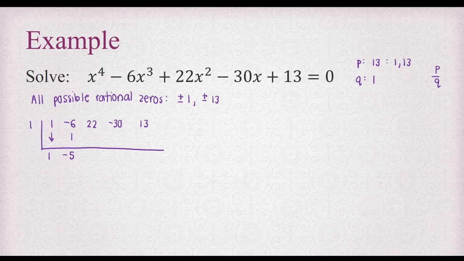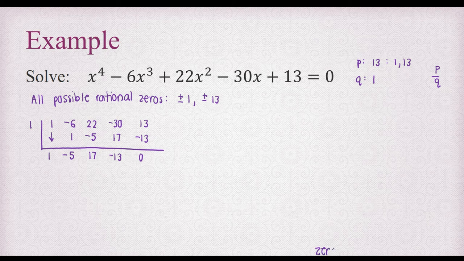Add that up, I get -5. -5 times 1 is -5. Add those up, I get 17. 17 times 1 is 17. Add that up, I get -13. And -13 times 1 is -13. Add that up, I get 0.